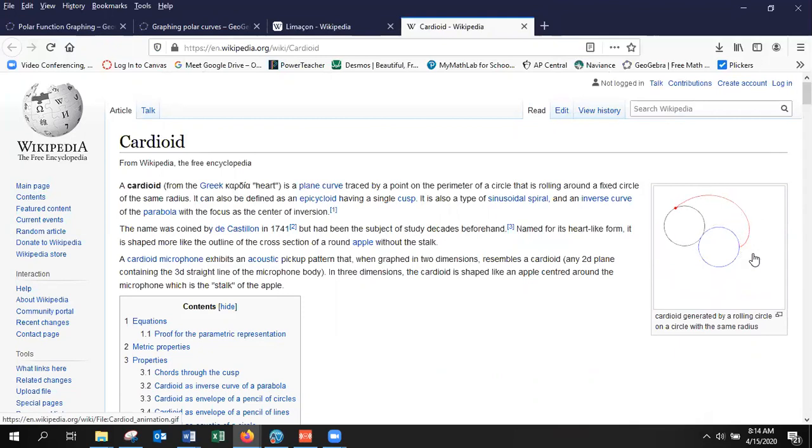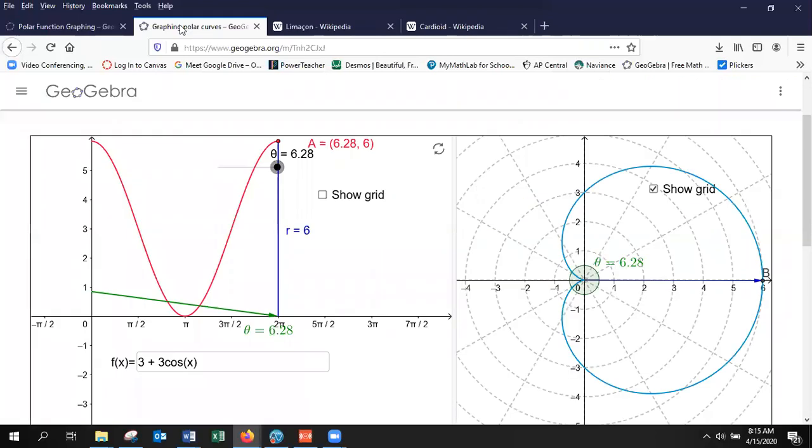How about if you're looking at revolution around the sun? I know those are obviously two very distinct radii, but what's your point on the earth as the earth's rotating? There are a lot of astronomy aspects to this as well. With that said, this gives us our cardioid shape. Now our cardioid shape is going to occur when your A and your B values are the same.